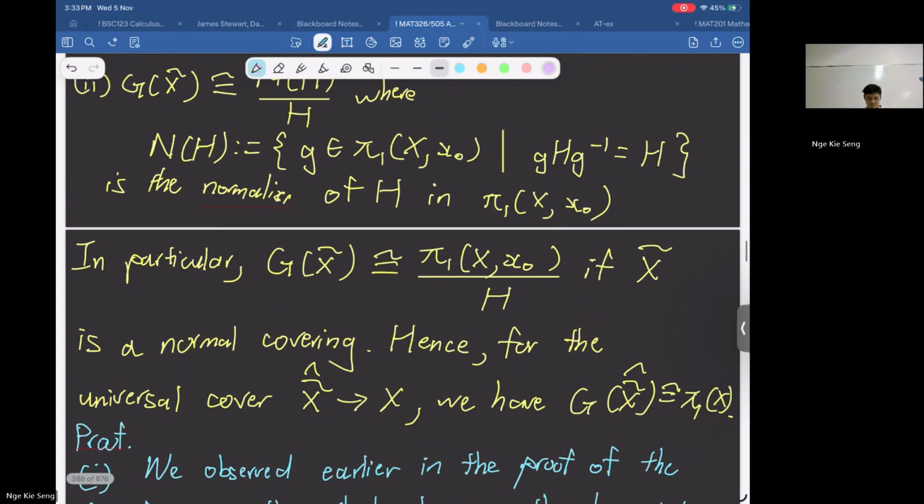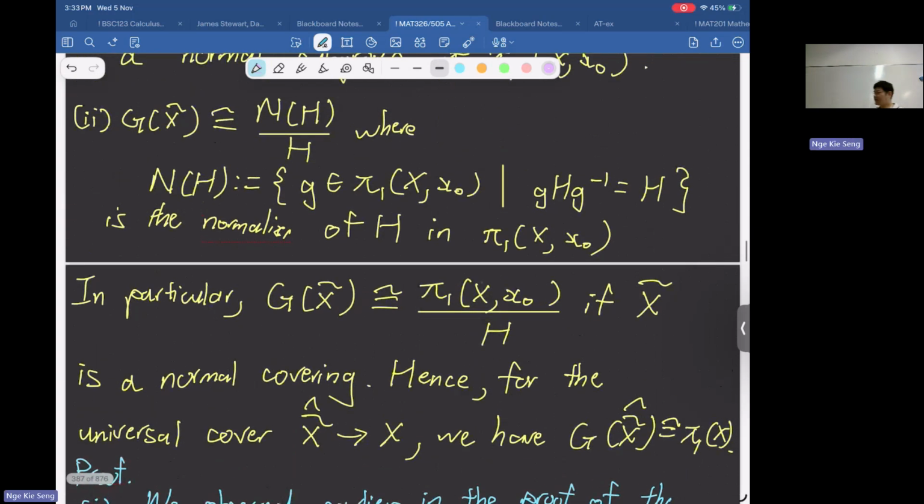Okay. For any universal cover, the deck transformation group is just pi1 of x itself. For the rest, you need to take pi1 of x quotient by H if H is normal, that is, if x tilde is normal.